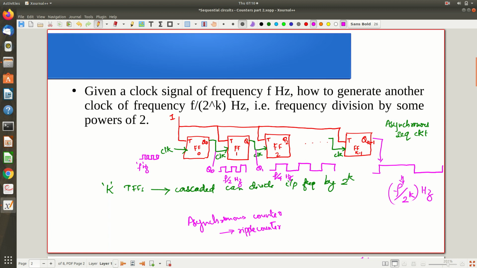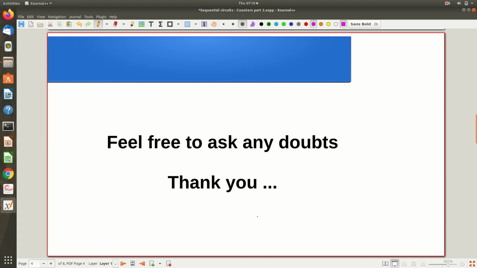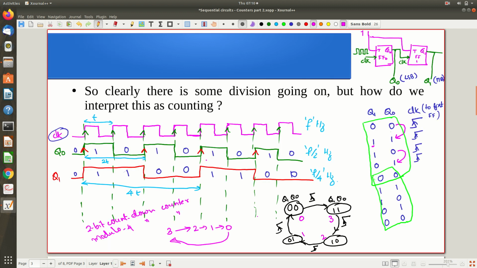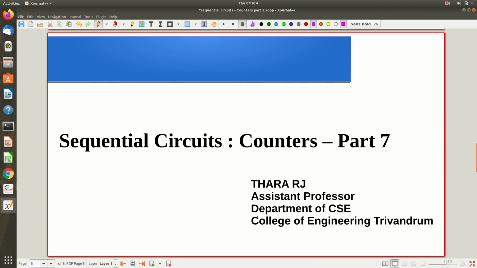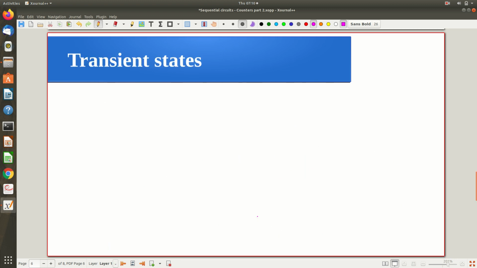Now if we take the delay into consideration, let's see what will happen. So far we didn't assume any delay, simply executing the flip flops immediately at the clock edge. Now when that delay is introduced, how the timing diagram for a 2-bit counter will look is what we are going to see now.